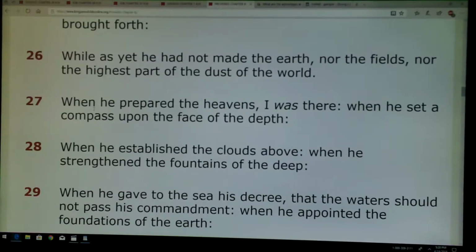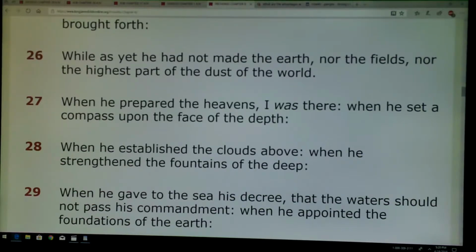This is Proverbs 8:27. "When he prepared the heavens, I was there. When he set a compass upon the face of the deep." So this face of the depth is the same word as the face of the deep in that same chapter in Genesis. You can check it for yourself.